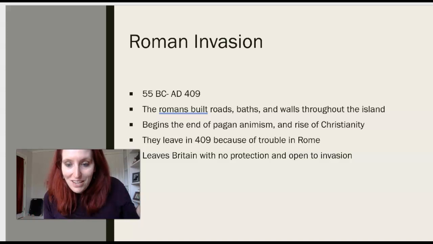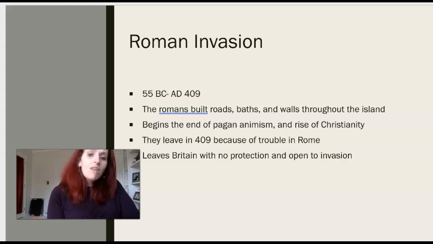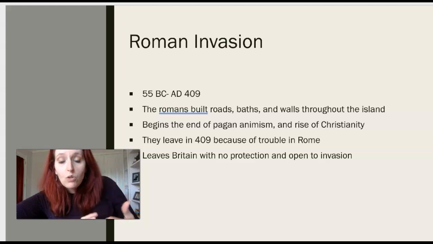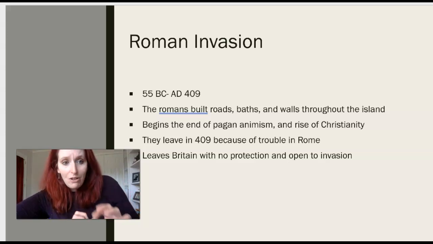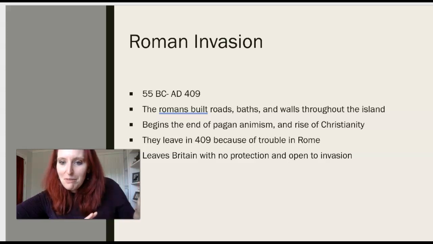It stretches its little tentacles out to the Isles of England. They occupy England for about 300 years, and they're responsible for building roads, baths, walls throughout the island. I have some pictures of kind of Roman occupied England that I'll probably post on Canvas. I'll dig them out somewhere from when I was there.